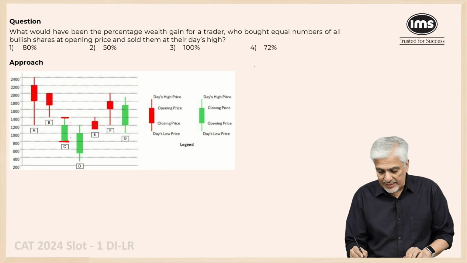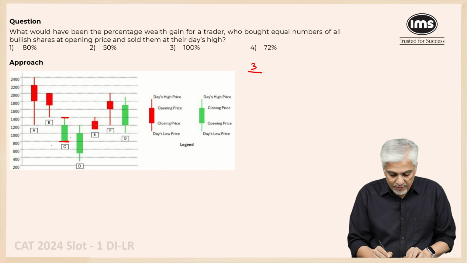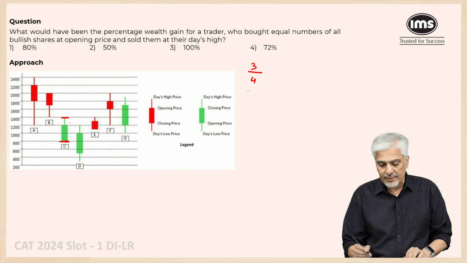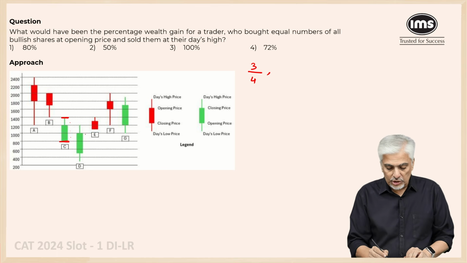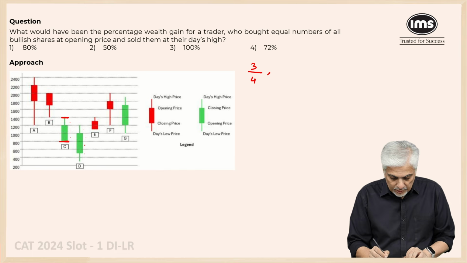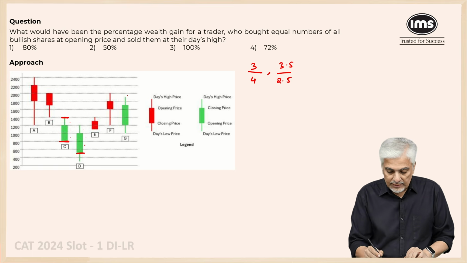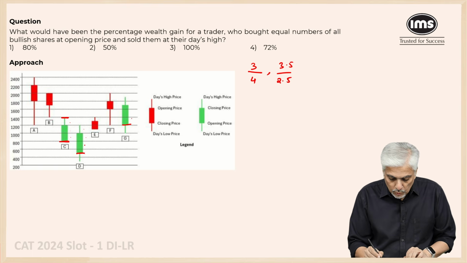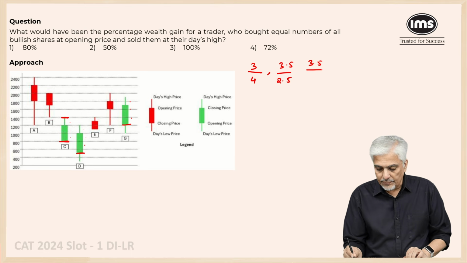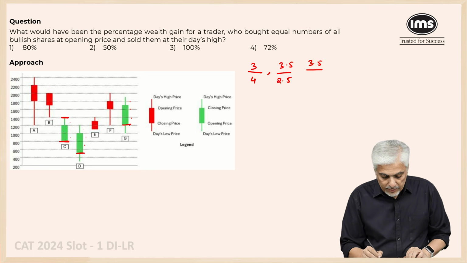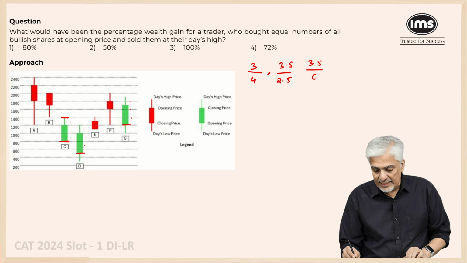1, 2, 3 lines. So profit is 3 lines over an investment of 800, which is 4 lines. Next bullish share. Profit is 1, 2, 3, 3.5 divided by 500, which is 2.5 lines. Last one, 1, 2, 3, 3.5 profit again divided by 1200, which is 6 lines.